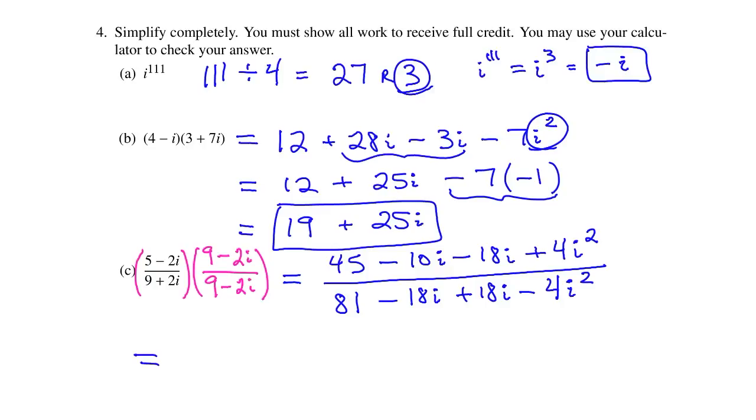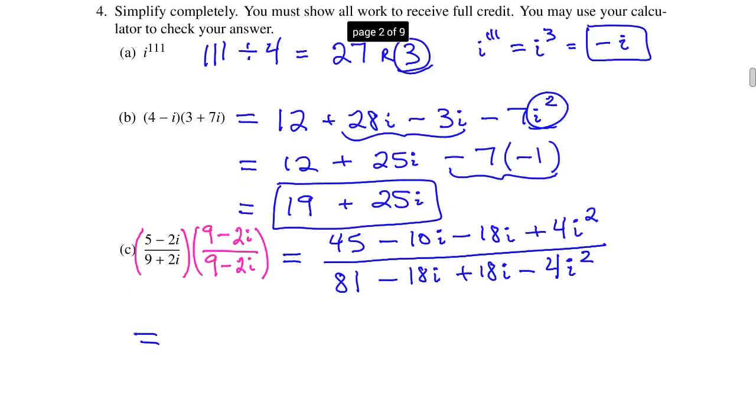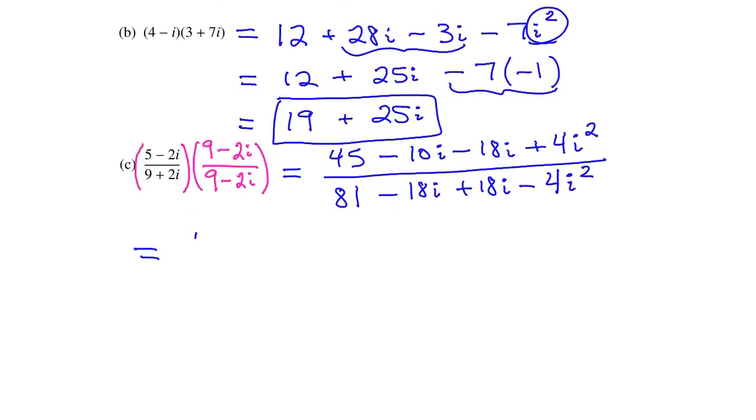Let's simplify the top and the bottom. So we're going to have 45 minus 28i. The 4 times i squared becomes negative 4. And then we'll do the same thing similarly here on the bottom.